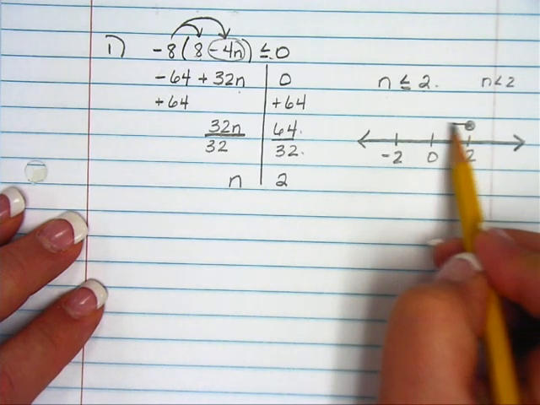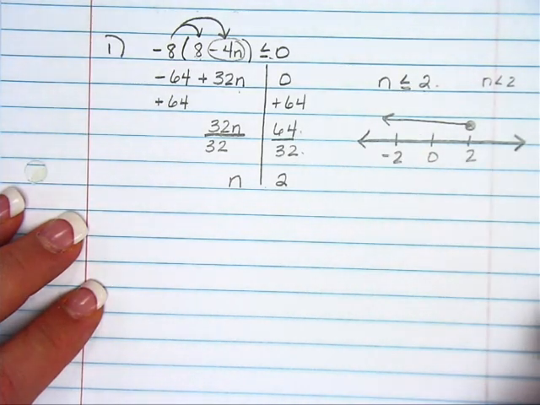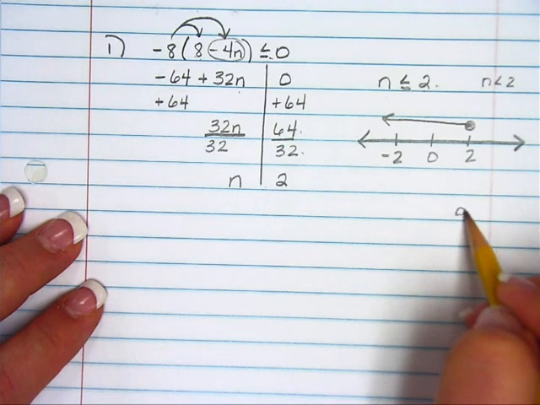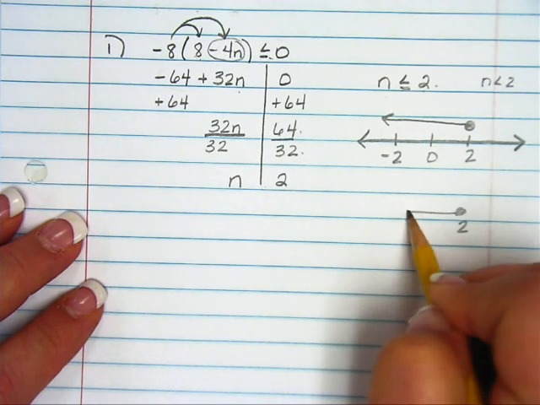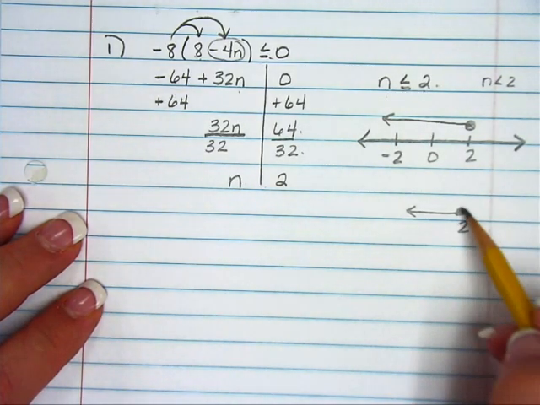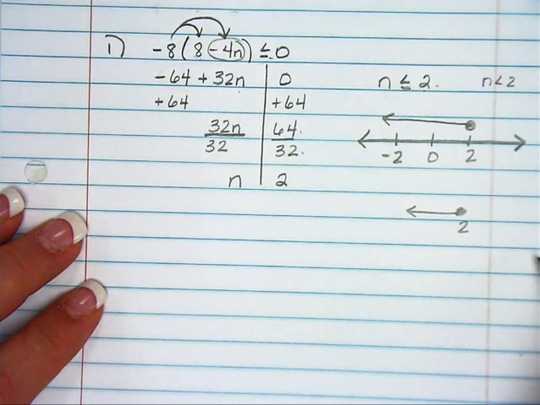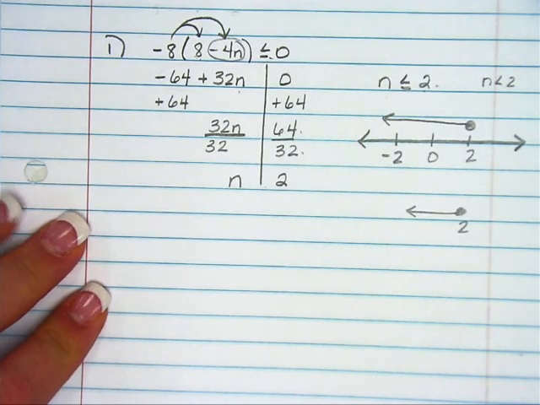Well, they're this way. So my graphical answer would either look like this or simply that. And this just has the imaginary number line under it that you have to picture in your head. That's just a straightforward inequality with no special cases or anything.